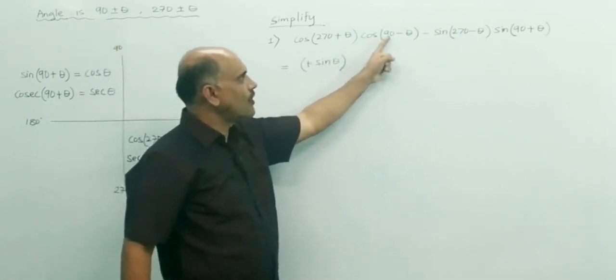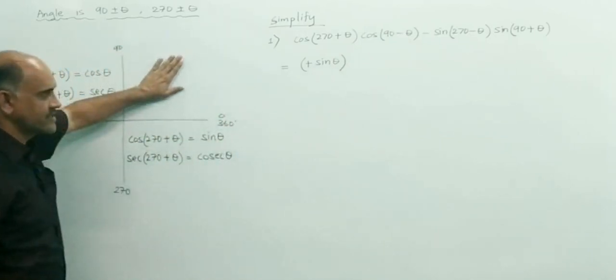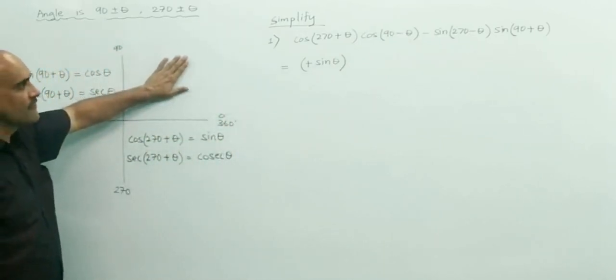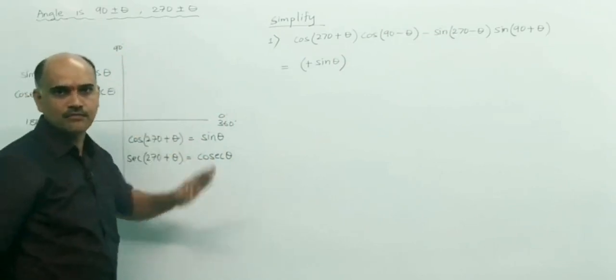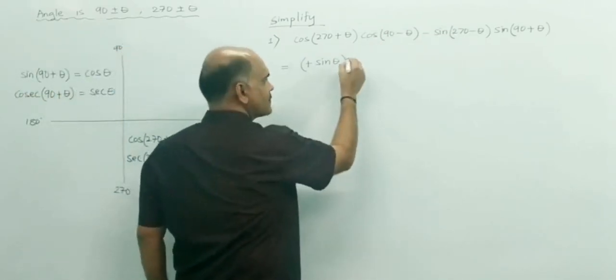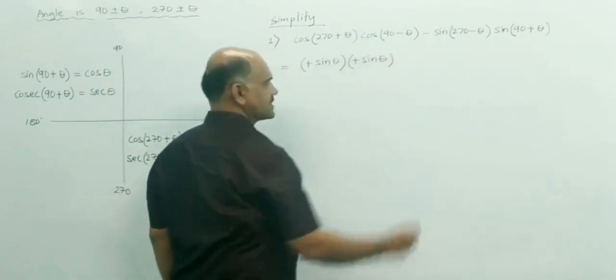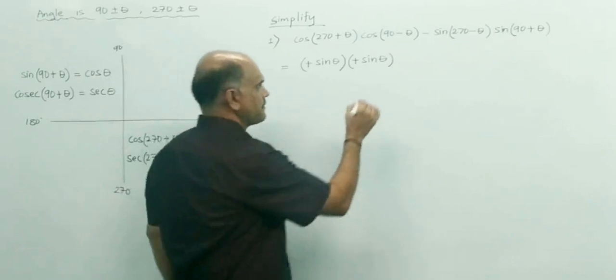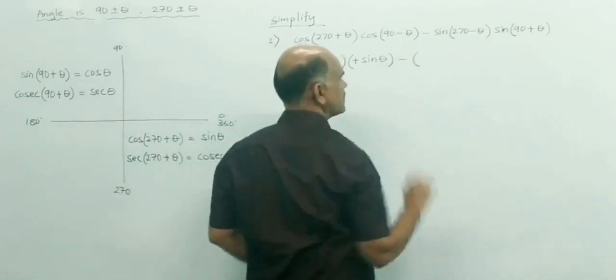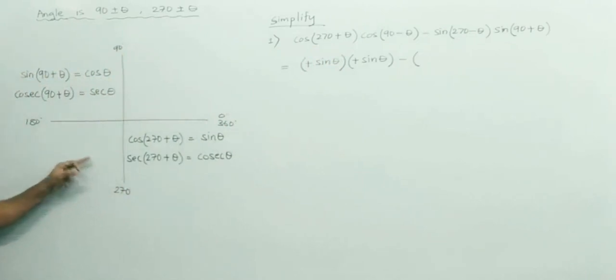Second, cos 90 minus means it is in first quadrant. In first quadrant all are positive. So again 90 is there, means it gets converted to sine. So you will have plus sine theta. Minus, 270 minus means it is in third quadrant.